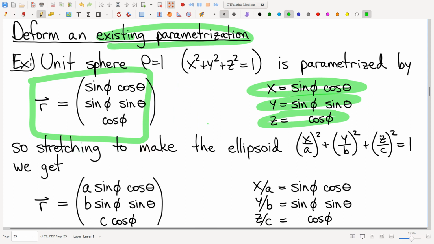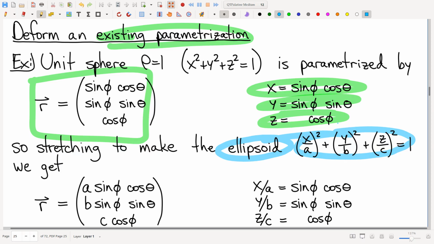And now let's think about how we're going to have to deform that. Well, what if I want, instead of a sphere, to parameterize this ellipsoid? Now that's not a sphere. This, what I have in green, absolutely does not parameterize that ellipsoid.